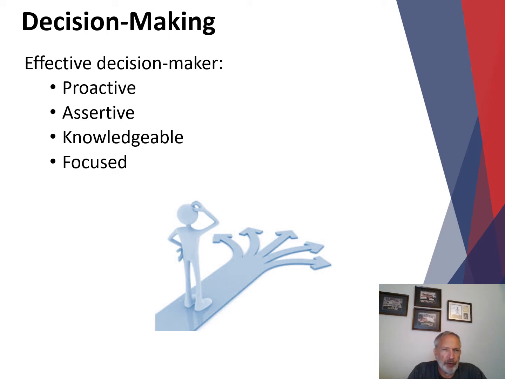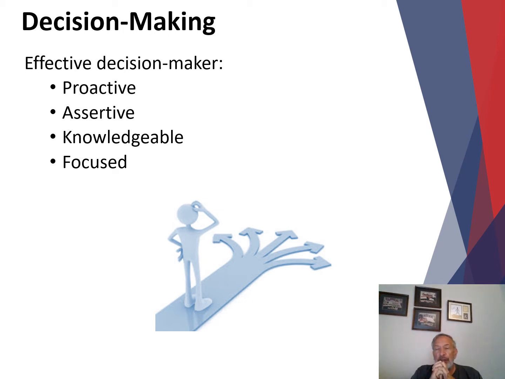Effective decision makers are proactive, meaning we tend to act rather than react. We plan, have a plan, a what-if, a direct path that we want to follow if we know that something happens.